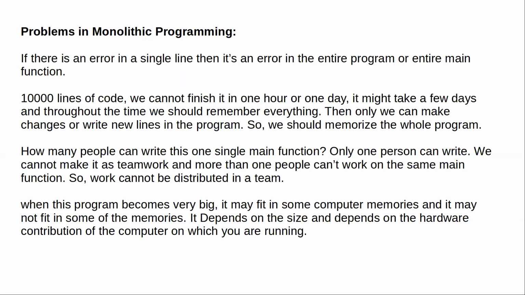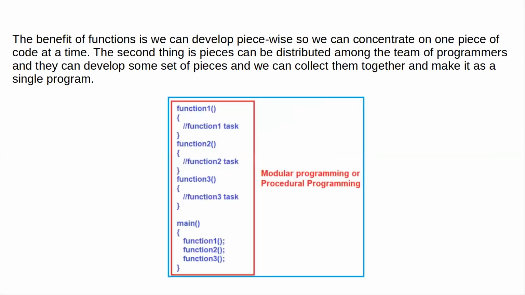These are the typical drawbacks of monolithic programming, and that is the reason we have the concept of modular programming and also object oriented programming. Here is how it works. As of now we are writing everything in the main method.